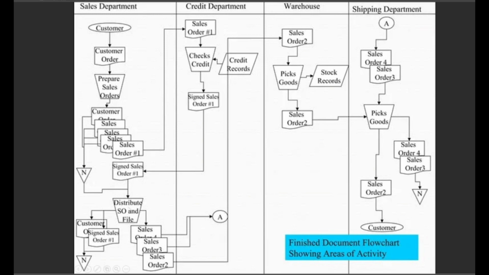So after distributing the sales order and the file itself, the sales order will now be connected. As you can see, this is a circle. This is an on-page connector to another entity. So for example, we'll now go to an on-page connector for the warehouse.